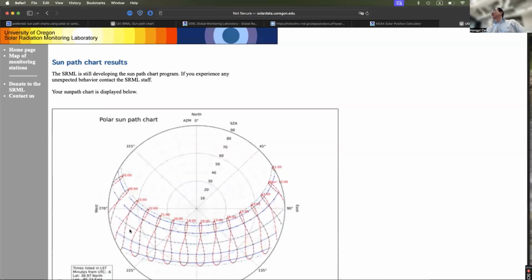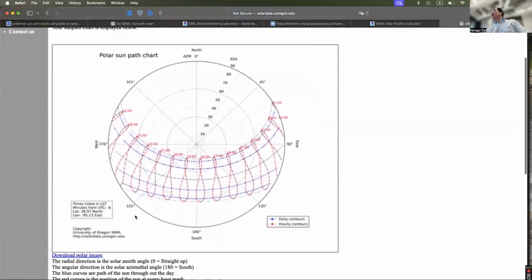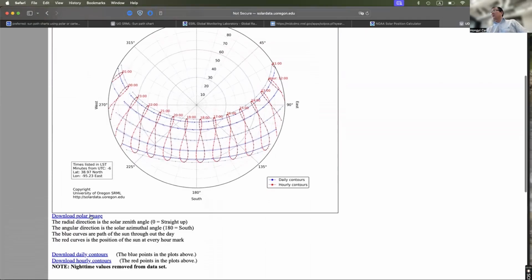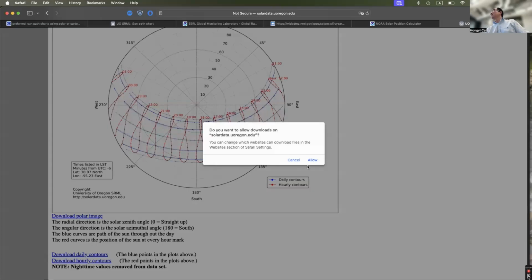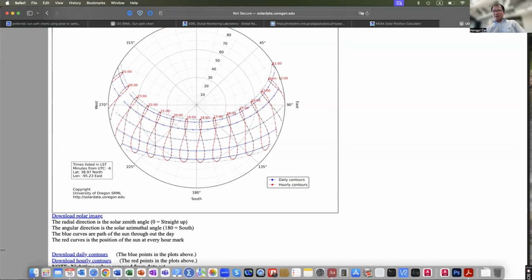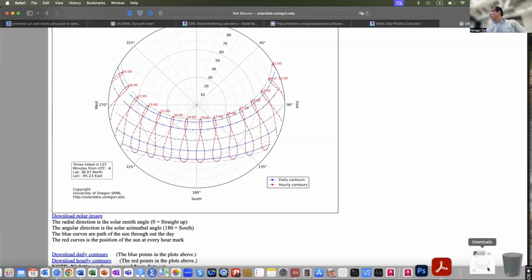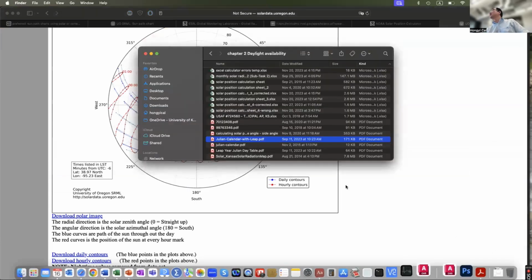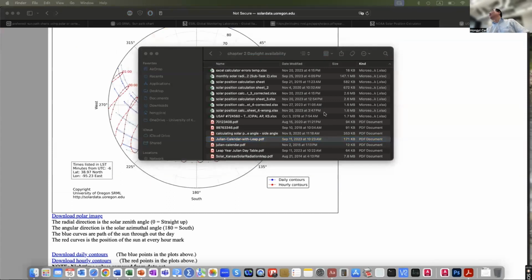It's coming. Okay. And this one, download the polar image. Let me download it because it's not very legible. Maybe something related to the pixel resolution. I think I downloaded it already. So let me open it from my download folder. This is chapter 2.